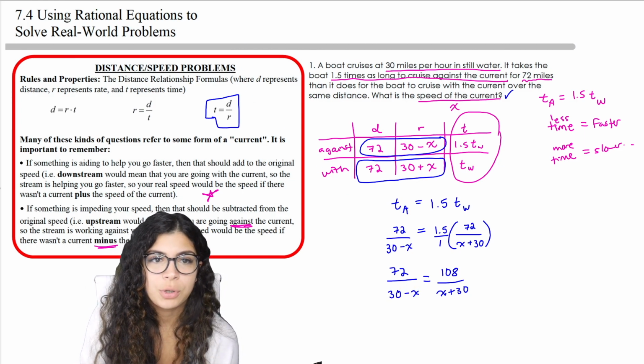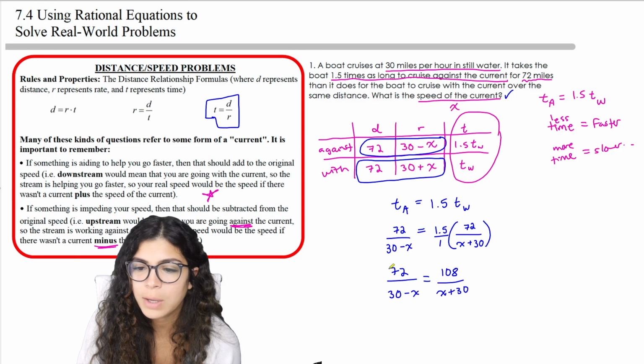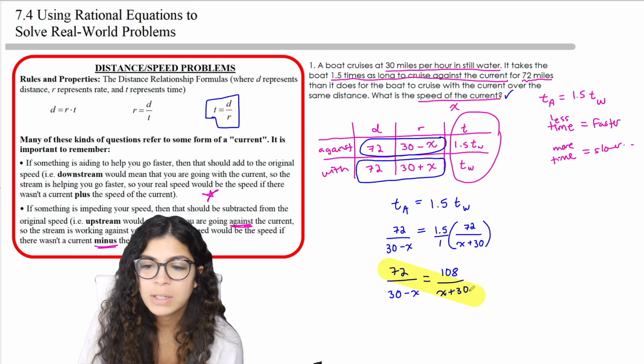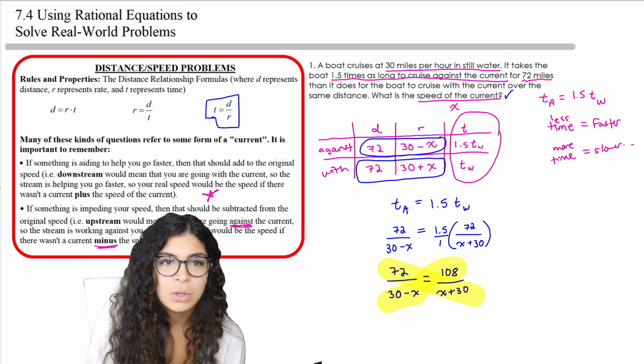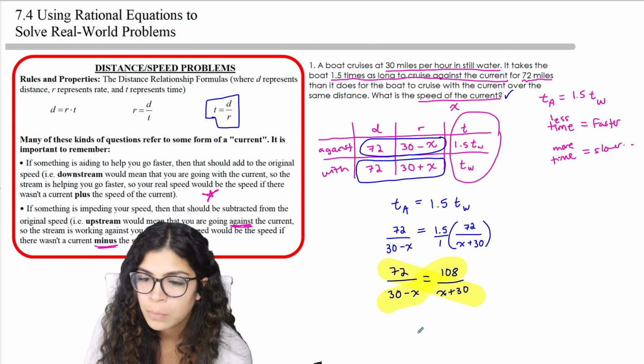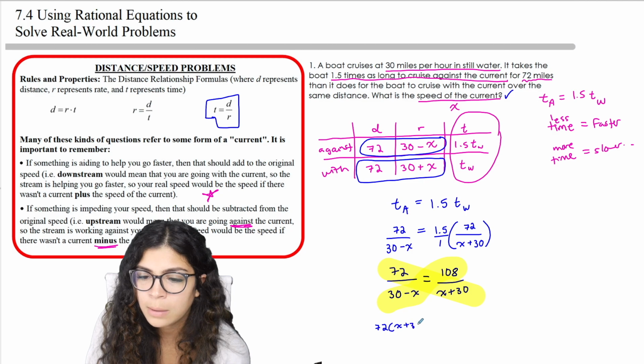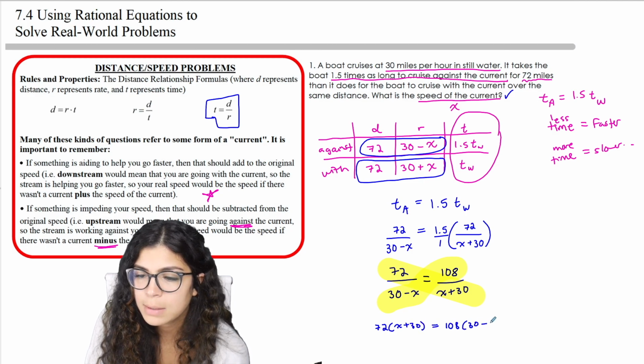Now we have a proportion, one fraction equal to one fraction, so we can cross multiply. 72 times x plus 30 equals 108 times 30 minus x.